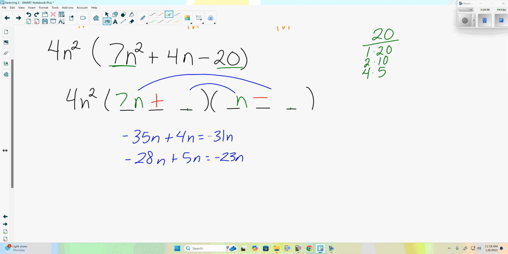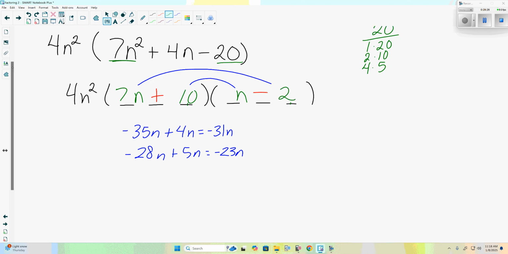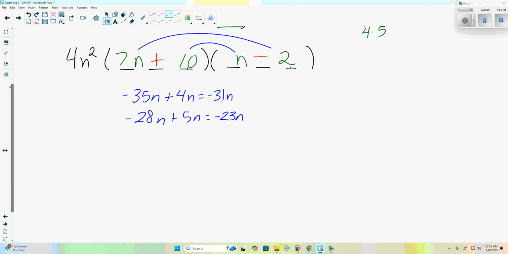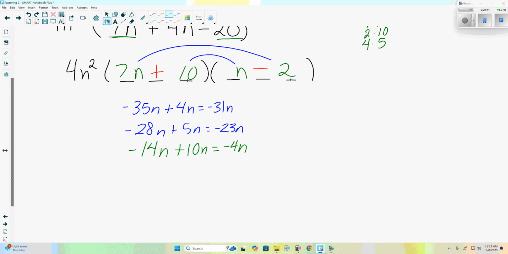Do y'all have a preference for where the 10 and 2 go? Give me a second. What's 7 times 2? 14. 14 minus 10 is 4. Ooh, 7 minus 10, that's what, negative 3? Because that right there will get you to negative 4 and we need a positive. So 7n times negative 2 would be negative 14n, plus 10 times n would be plus 10n, which would give us negative 4n.